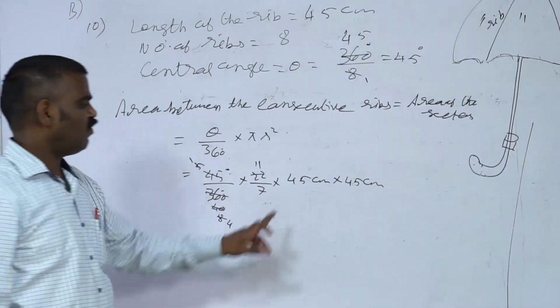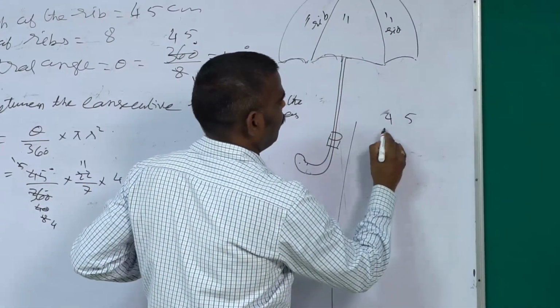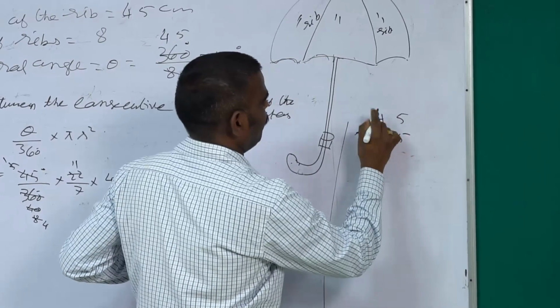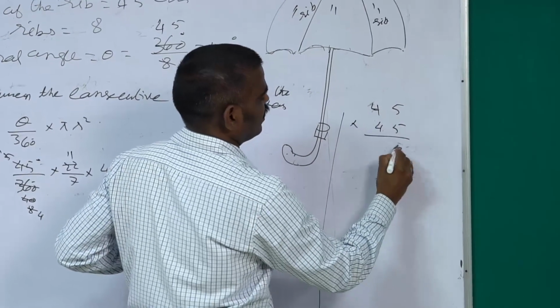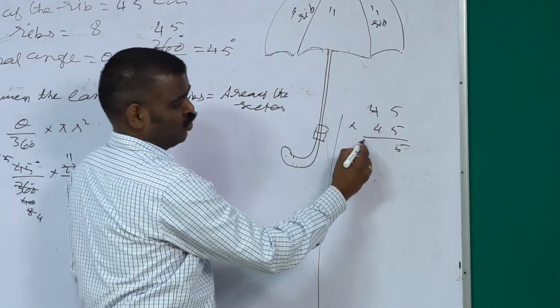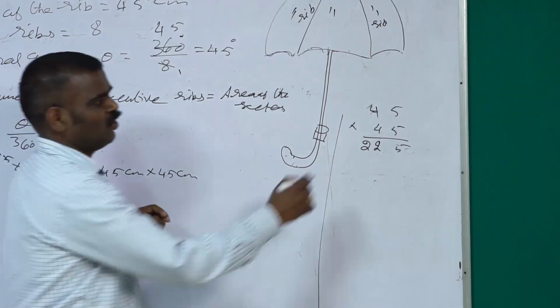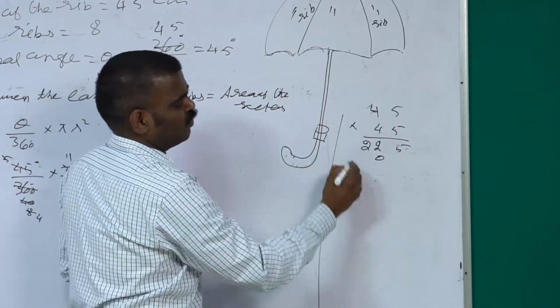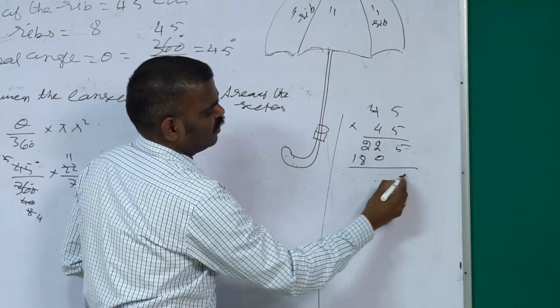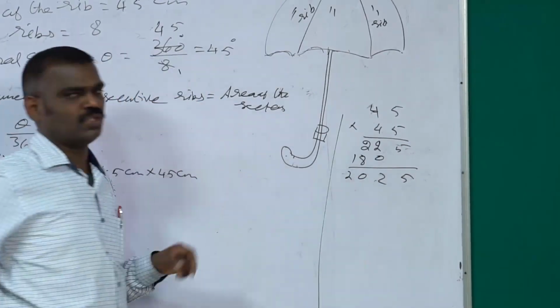Now you can multiply. 45 into 45. 5 5s are 25. How much remainder? 2. 5 4s are 20 plus 2, 22. Next, 4 5s are 20, 2 remainder. 4 4s are 16 plus 2, 18. 2025.